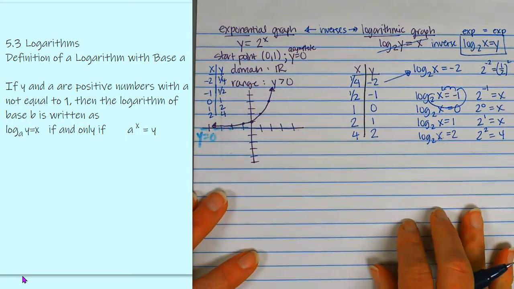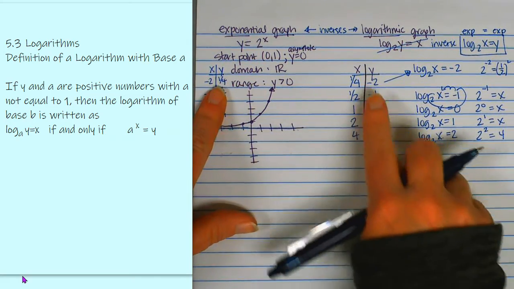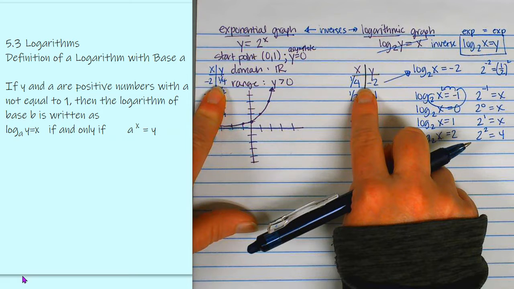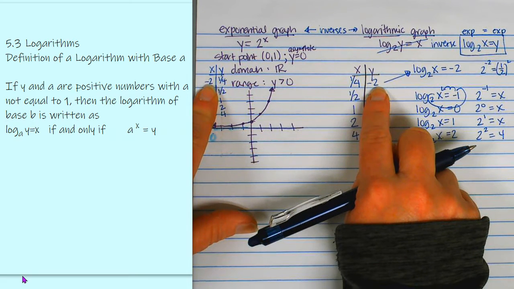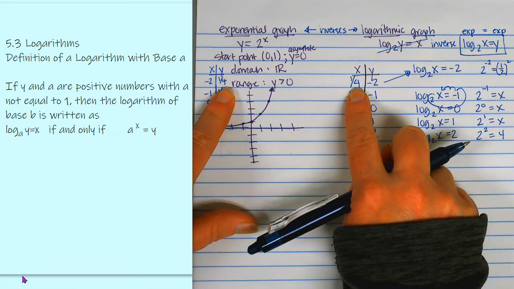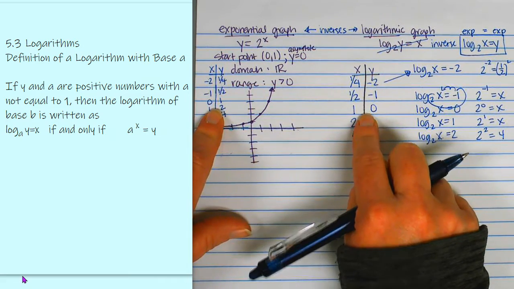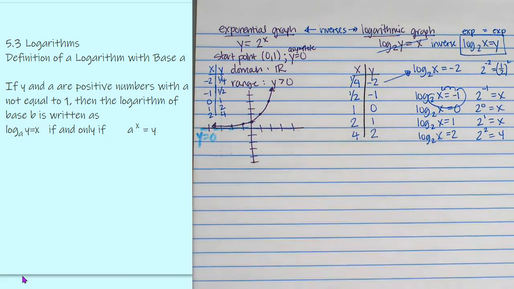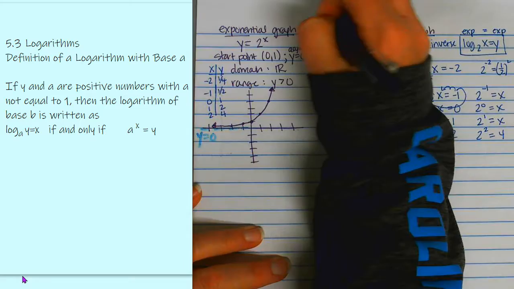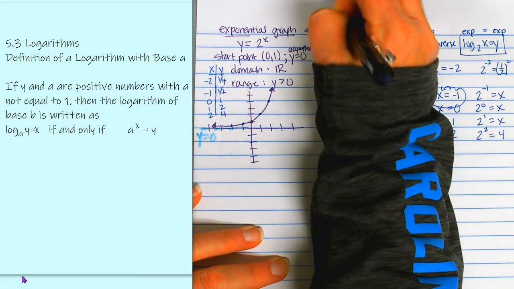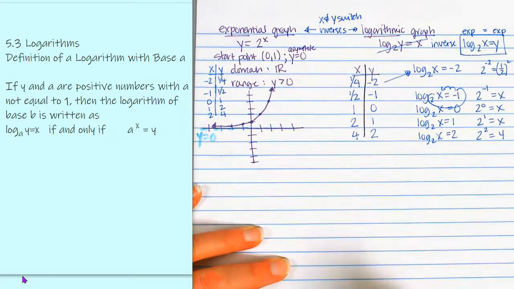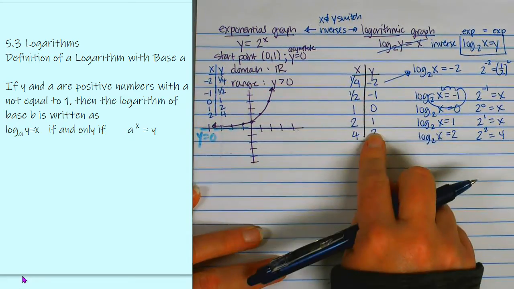So if you look at these side by side, these are switched. We now have the x value in the y position and the y position in the x position. They've flip-flopped. This one is flip-flopped. This one is flip-flopped. This one's flip-flopped. The x's and the y's switch. That's the definition of inverses. X and y switch. All right? So that's good. My chart is good.